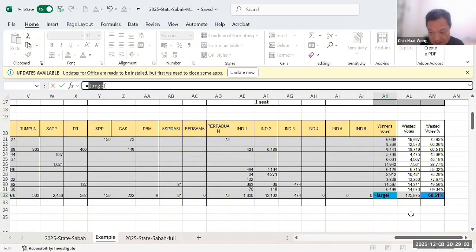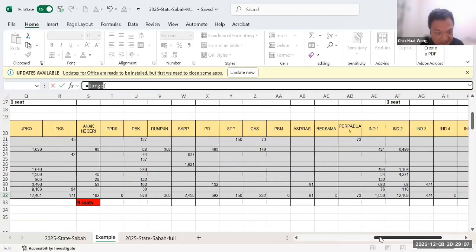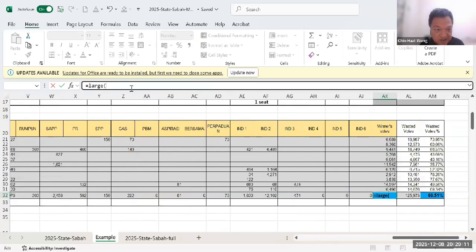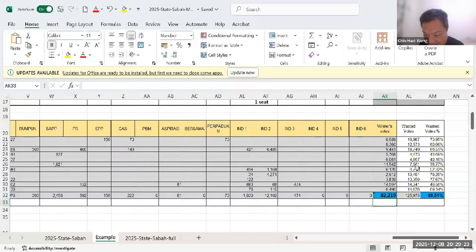I start with I32 to AJ32. 1 means the largest. If I go for second largest, I put 2. Can you see? 82,219. Now, 82,219 are the winner votes, right?